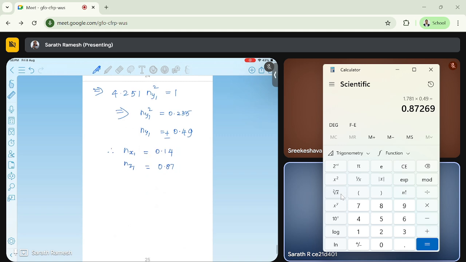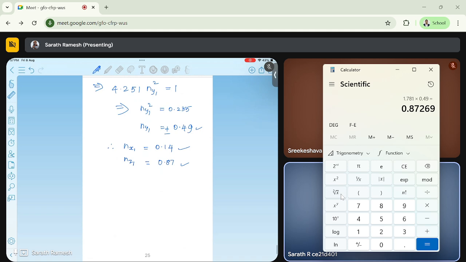Okay, so this is the plane that we want. This is my x component, this is my y component. This is the answer to the question. The plane that we want is 0.14, 0.49, 0.87, or minus 0.14, minus 0.49, minus 0.87.